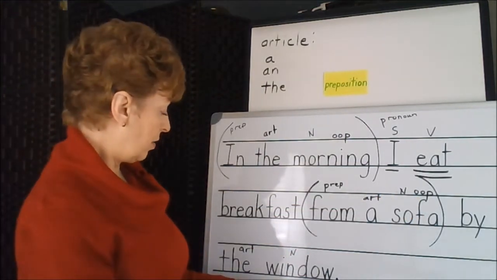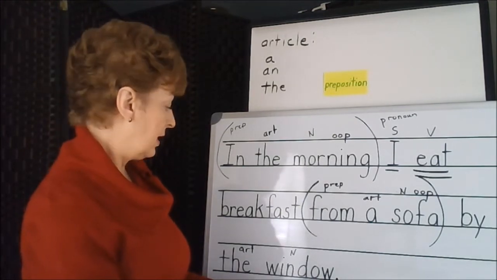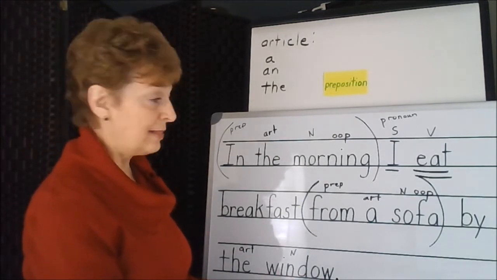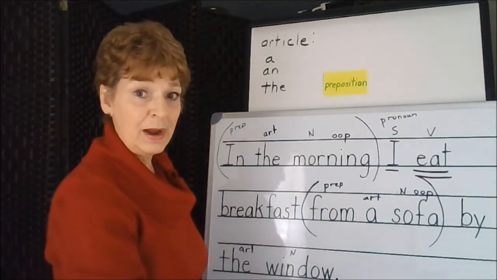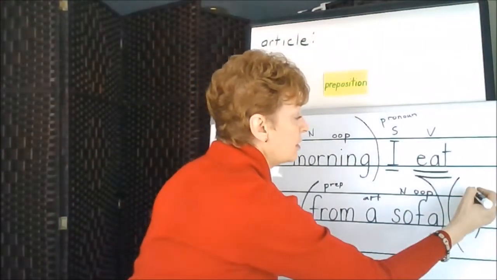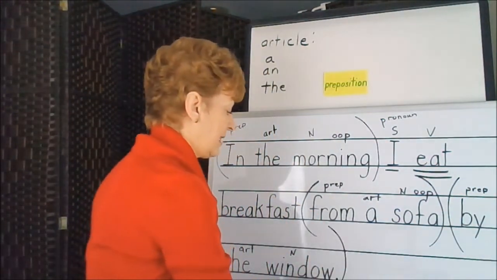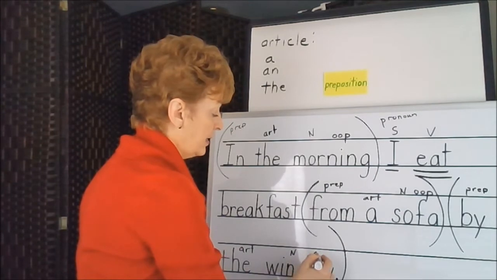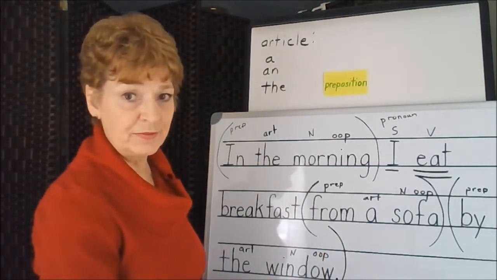By the window, here's another 3-word phrase with a noun at the end. Can you be by something? Well, I'm by the whiteboard. That's a position, preposition. And the phrase ends at window. Window is a noun, but its function is an object of a preposition.